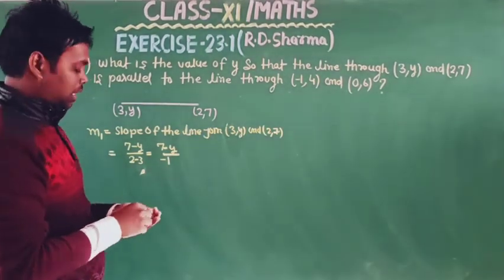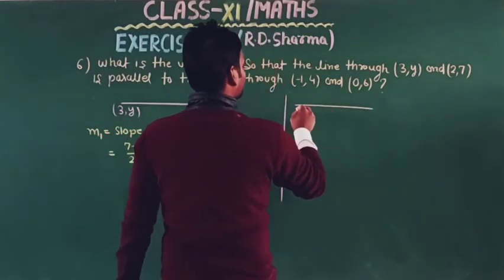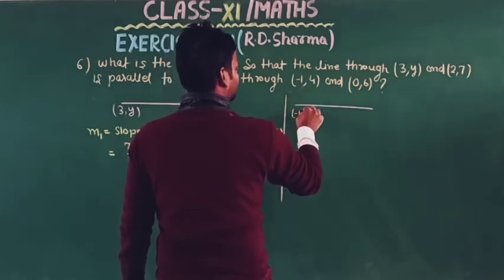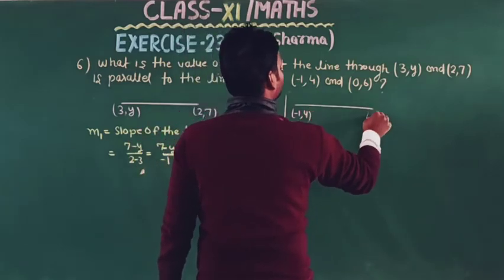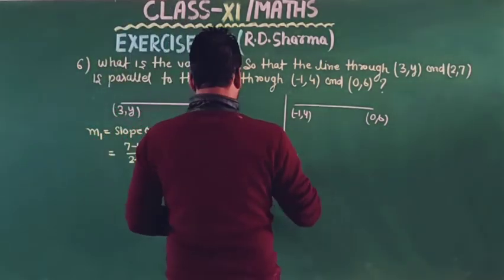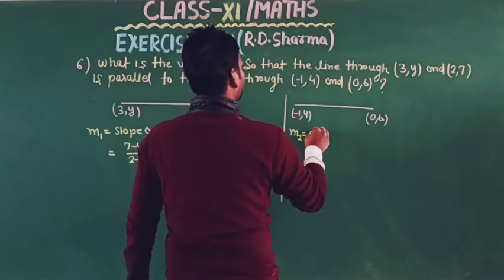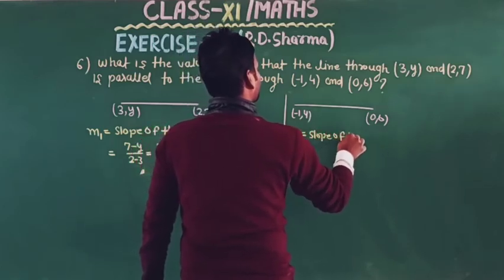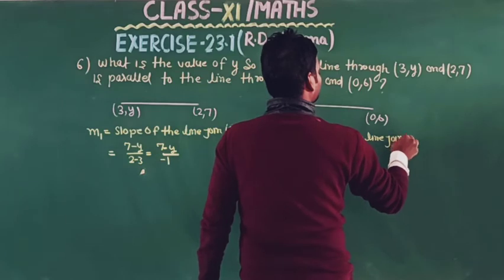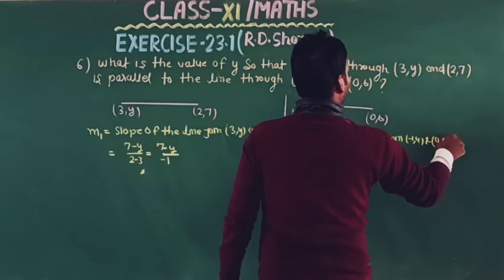And similarly, find the slope of the line joining the points (-1, 4) and (0, 6). Let m2 be the slope of the line joining (-1, 4) and (0, 6).